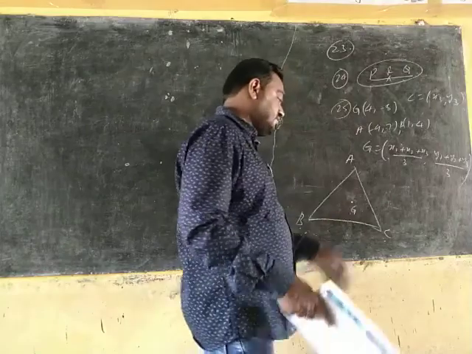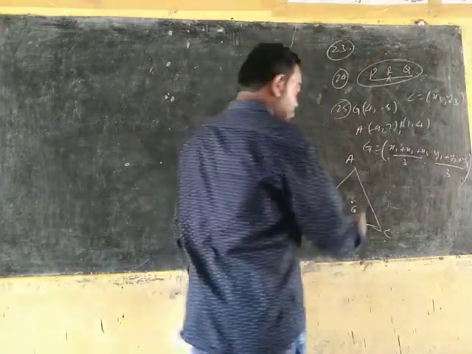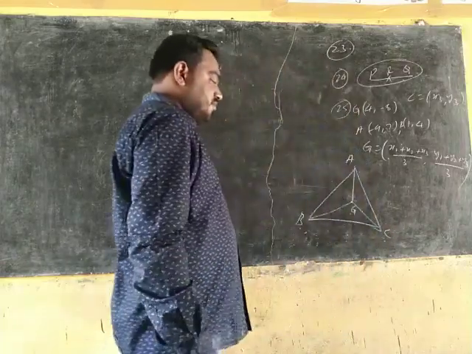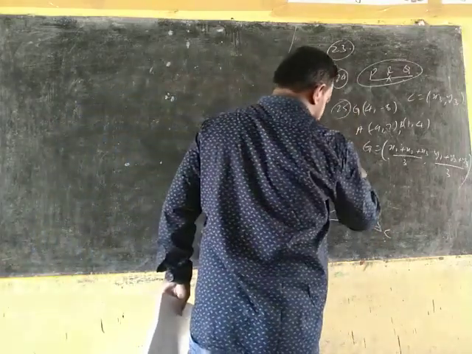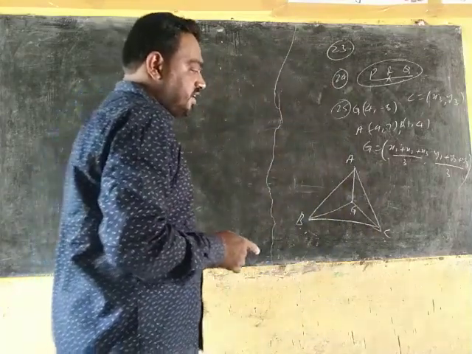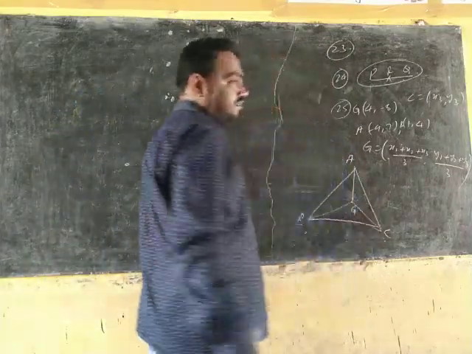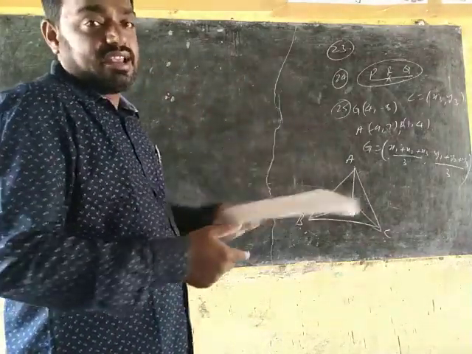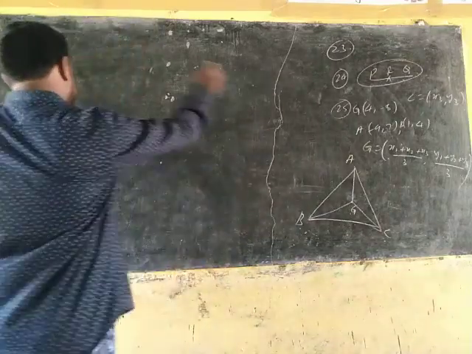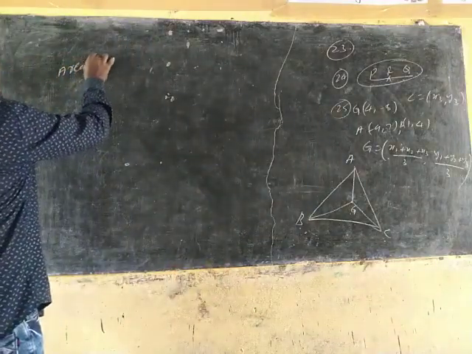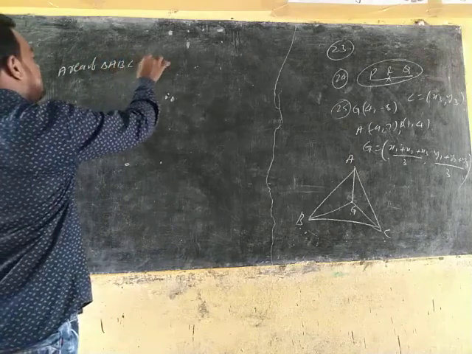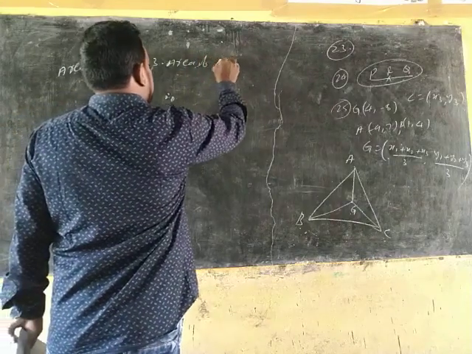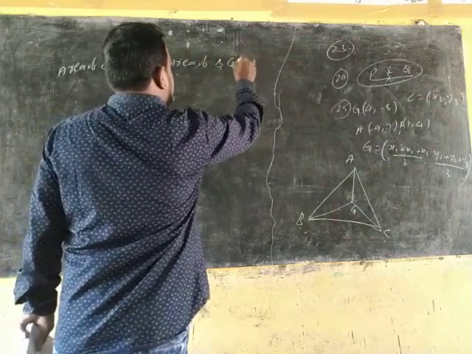Otherwise, you see this is the centroid of the triangle. Just join these points. Easily, G point we know, A point we know, B point we know. What we need to find? Area of the triangle ABC. The relation you see: area of triangle ABC is equal to 3 times the area of triangle GAB.